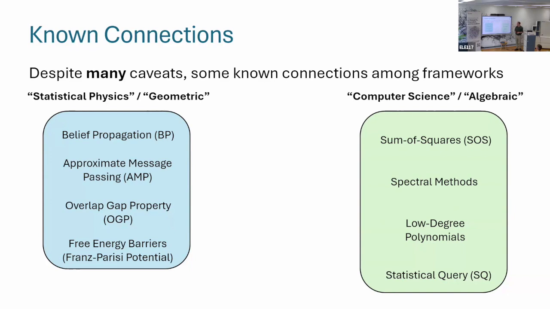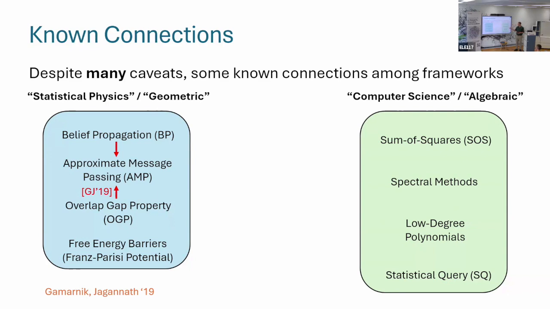This includes both classes of algorithms that we like to analyze, and also methods for hardness: free energy barriers and structural properties that we think suggest hardness.